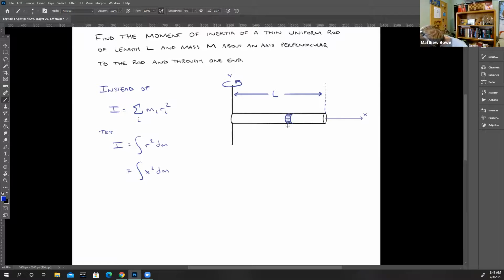So this slice that I'm doing, that is dx. And whatever distance from the axis of rotation, that is just x. I could say r, but I'll just keep it as x for right now.